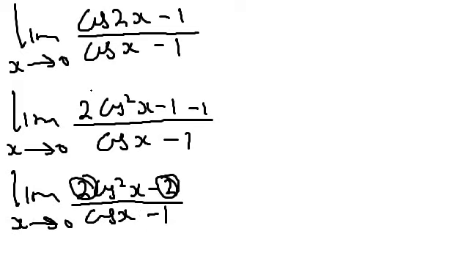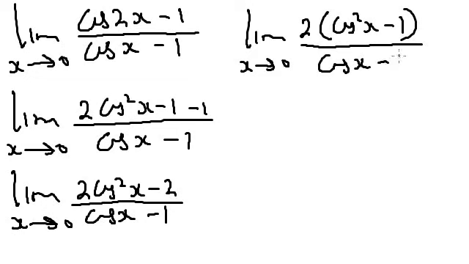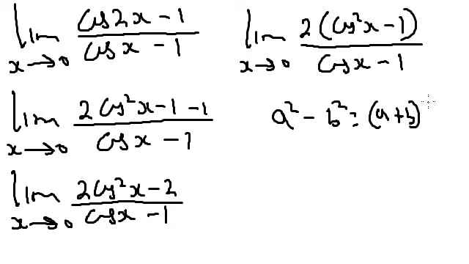Now, since 2 is common, I can factor it out and have the limit as x approaches 0 of 2 in bracket cosine squared x minus 1, divided by cosine x minus 1. Now, from our knowledge in algebra, the difference of two squares is equal to their sum multiplied by their difference. Okay, perfect. That will be a minus b, a plus b.